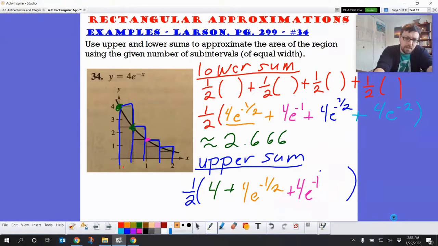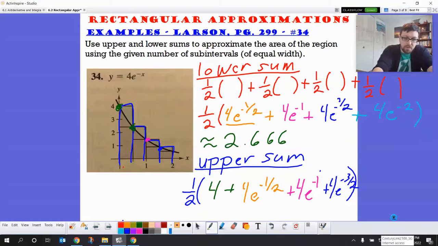And then the final one, we did that one as well. So plus 4e to the negative 3 halves. So it's basically the same thing, but we're just swapping this 4e to the negative 2, which is a regular 4. All right. Well, we typed that into our calculator.